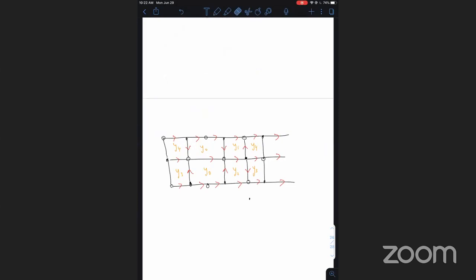So we also don't need these fellows. So here we have an E1. Here we have an F2. Here we have E1, F2. Here we have F1, E2.